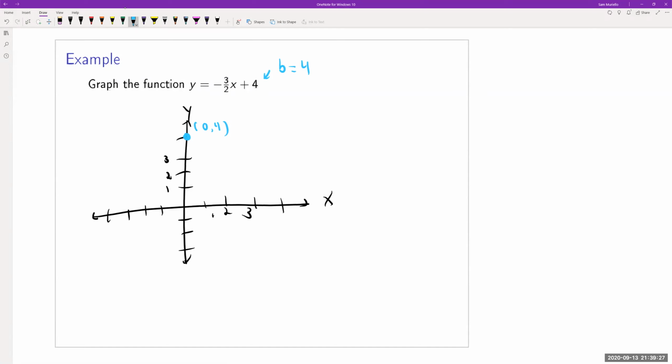I will then take a look at the slope. -3/2, I'll take the negative and put it on the top. That means that I can see that my delta y is equal to -3, and my delta x is equal to 2. So what I need to do is go down 3 and over 2.